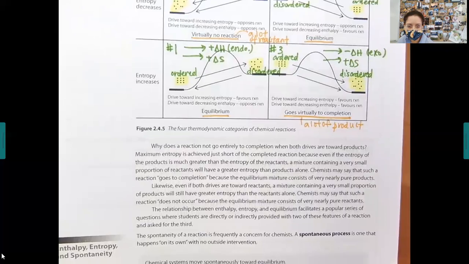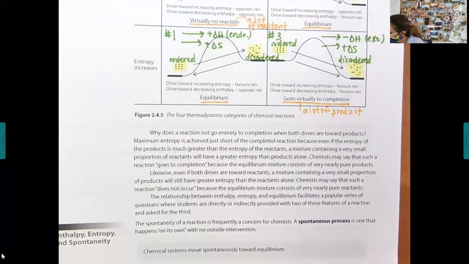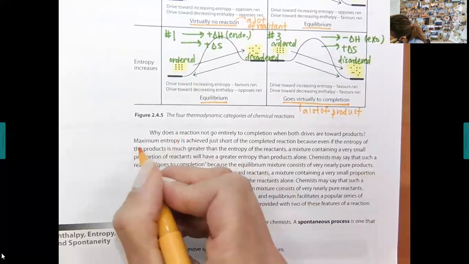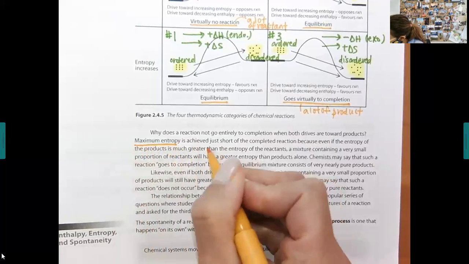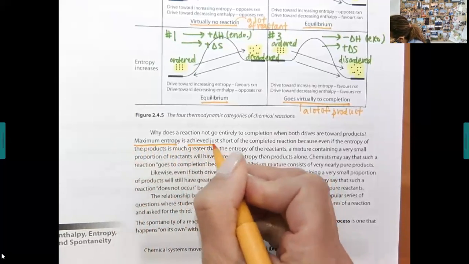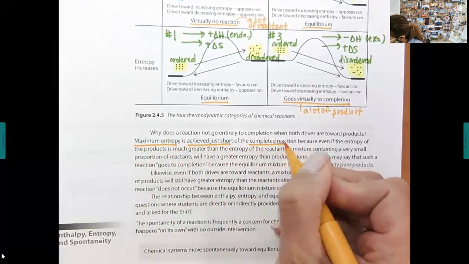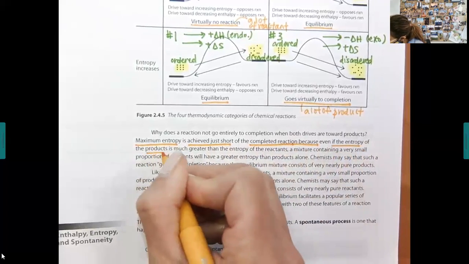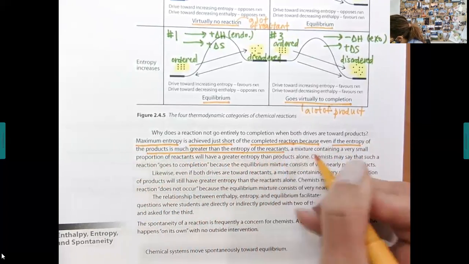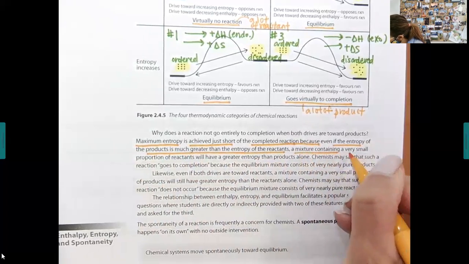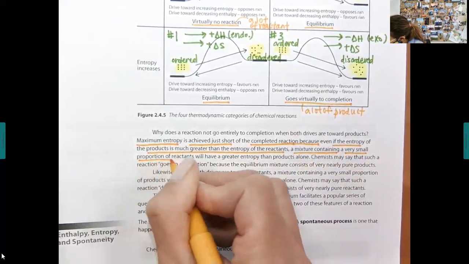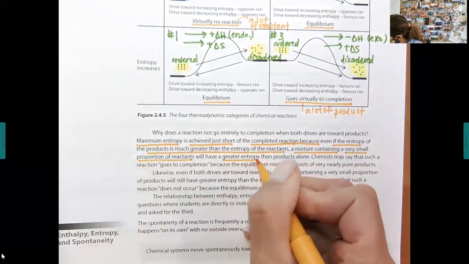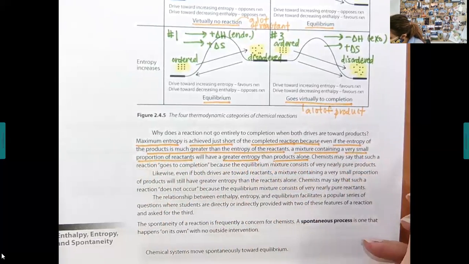Okay. Let's come down here. Maximum entropy happens just shy of a completed reaction because if the entropy of the products is greater than the entropy of the reactants, a mixture containing a very small amount of reactants will have greater entropy than the products alone.